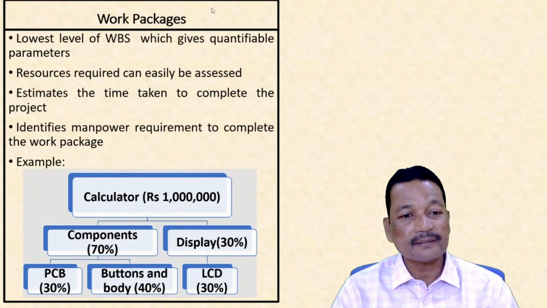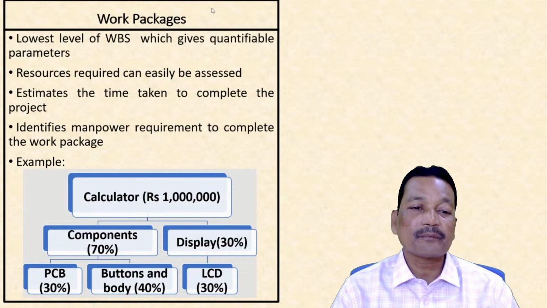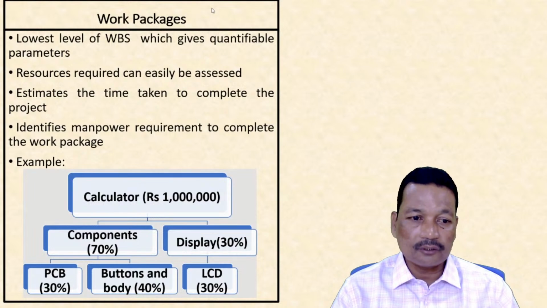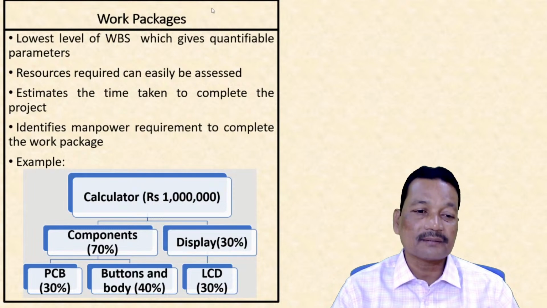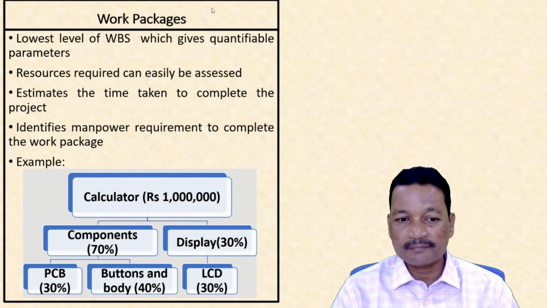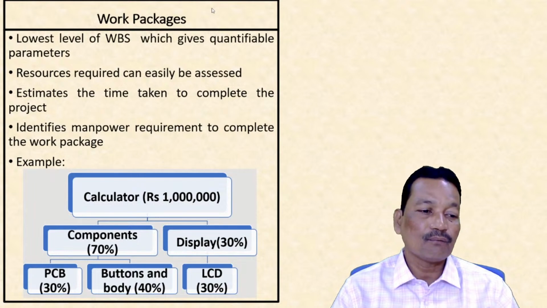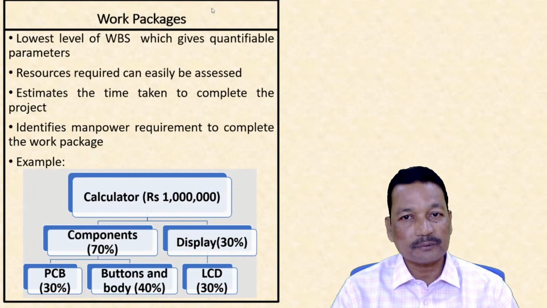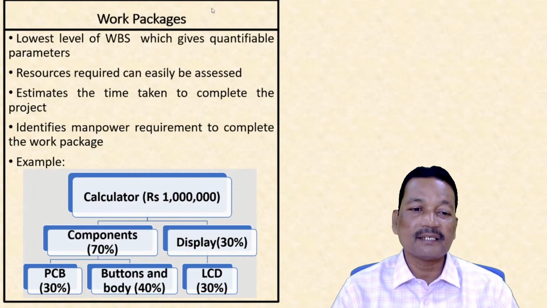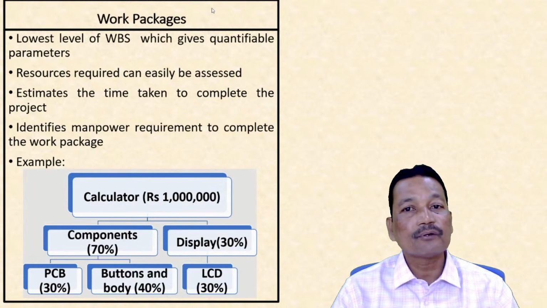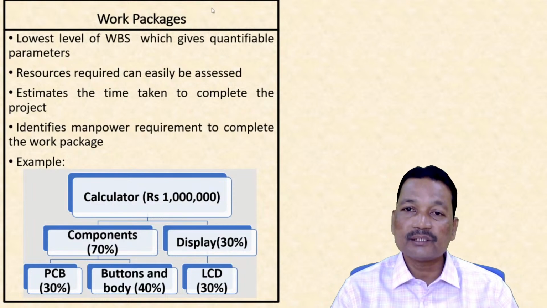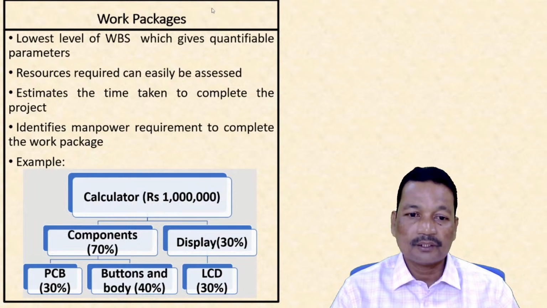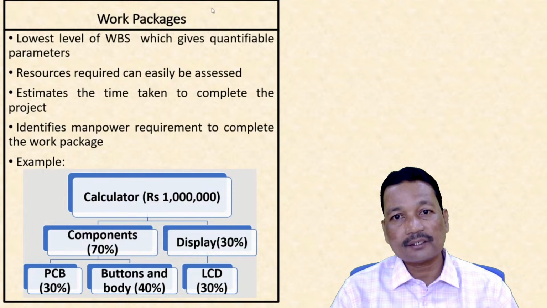So 30 plus 40 gives us the total components at 70%. In other words, PCB is 30% of the main 10 lakh rupees, that is 3 lakh rupees. Buttons and body are 40%, that is 4 lakh rupees. When we add them, it gives us 7 lakh in terms of components. Correct? Then we talk of LCD, which comprises 3 lakhs of the budgeted cost. You see, display is 3 lakhs or 30%.